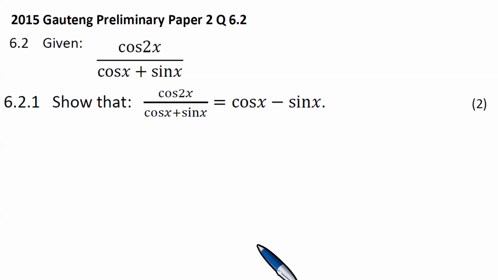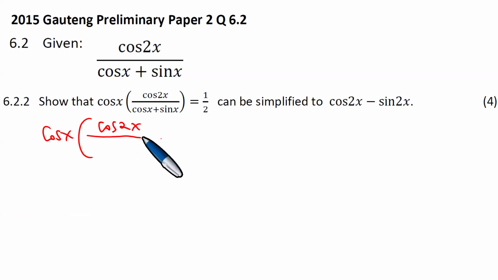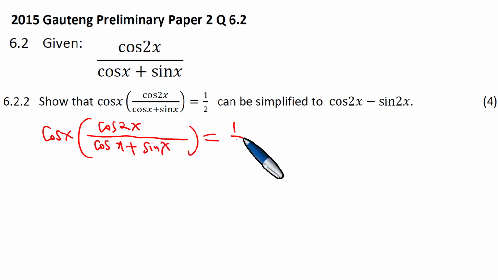Okay, now here's another question. Show that cosine x times cosine 2x, divided by cosine x plus sine x, equals 1/2.